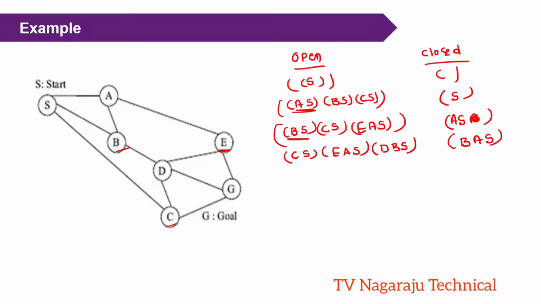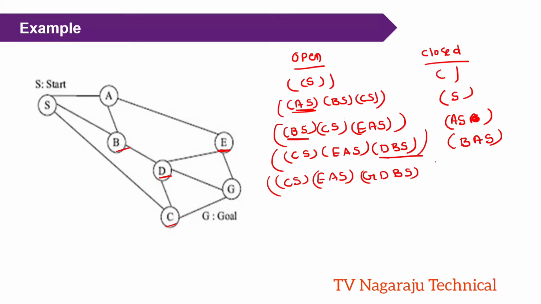Always remember, it is not necessary that only the first node needs to be expanded; if you want, you can take any one. Suppose here I am expanding this one. CS is already there, EAS is already there. Now, what is the neighbor to D? G. So G, D, B, S.